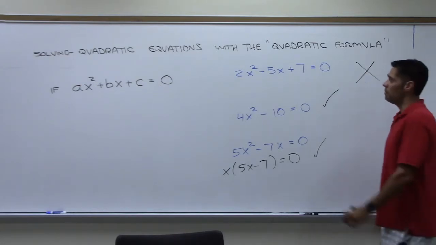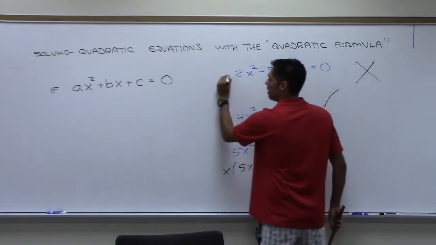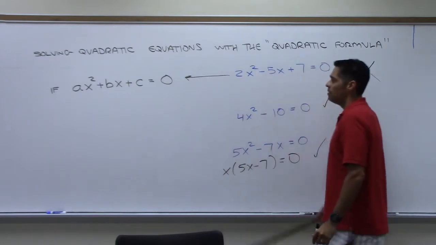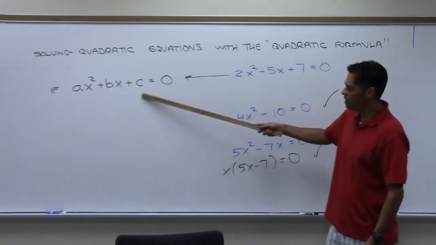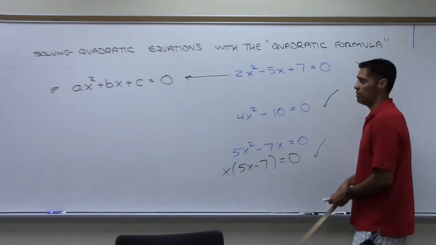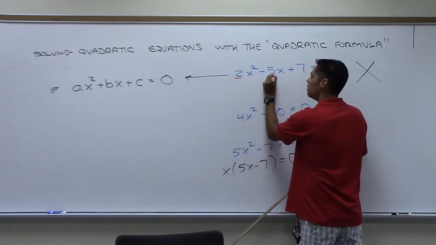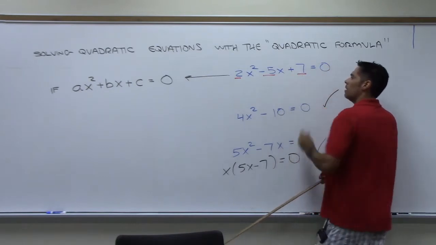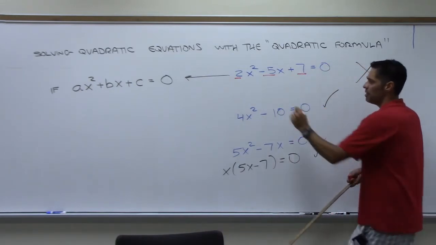So what we want to be able to do is solve something like this, and you can do it with this. Notice that the A, B, and the C are just the numbers in front of the x's and then the number by itself.